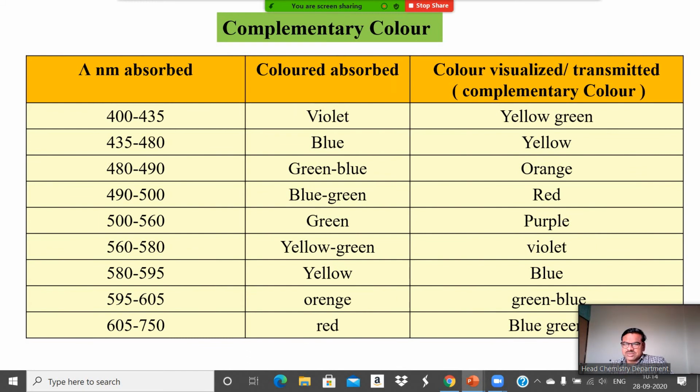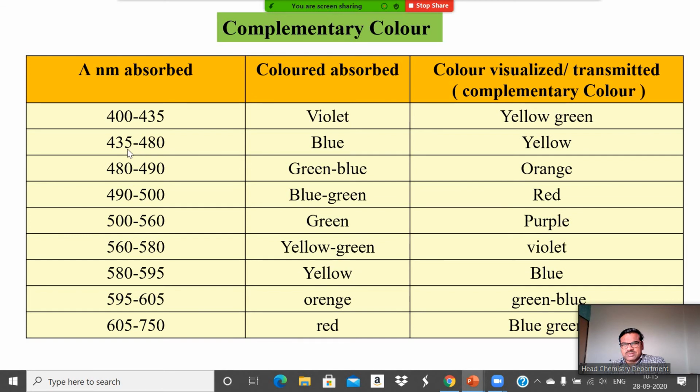Complementary colors: lambda in nanometer absorbed, then color absorbed, color visualization or transmitted, and its complementary color. When we have wavelength 400 to 435 nanometers, then if violet color is absorbed, you are getting yellow or green colors.